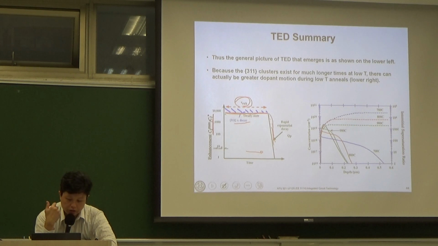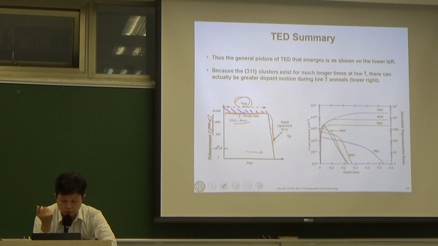So these pictures give us some idea and try to summarize the TED process. We have these clusters and they can provide the interstitials, and when we increase the annealing time, those clusters begin to shrink and decay, so they can recombine with these interstitials.